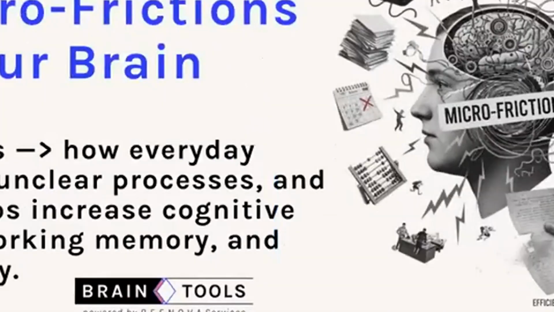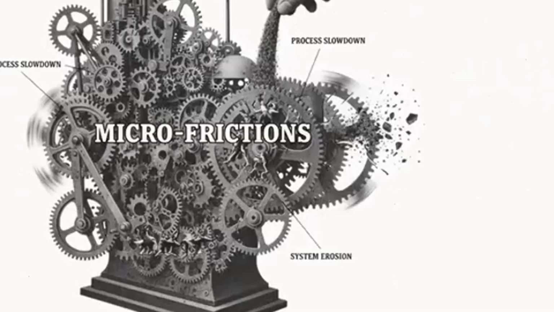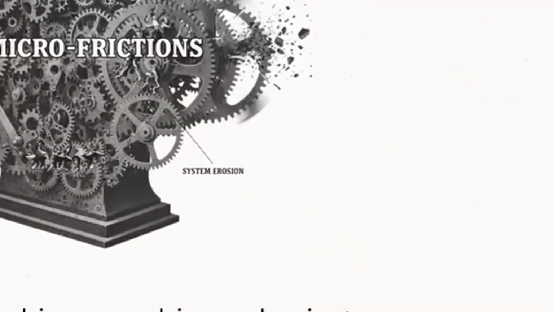We're talking about microfrictions and how they drain your brain. The question I asked myself when I created this talk was: microfrictions and how everyday interruptions, unclear processes, and redundant steps increase cognitive load, reduce working memory, and erode efficiency. They're like sand in the machine. They're very small, but cumulatively they wear down the cogs and slow down everything.